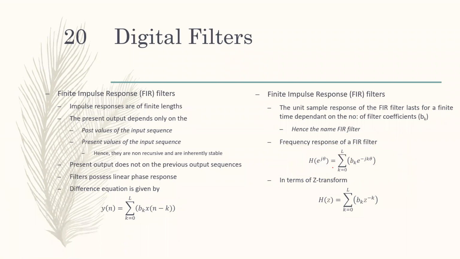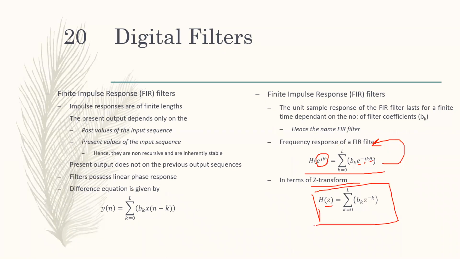So this is the frequency response equation using which I can obtain the frequency response of the FIR filter. Now, if I want to get the Z transform for the same, it is nothing but replacing e raised to j theta with Z. So e raised to j theta minus k becomes Z raised to minus k.